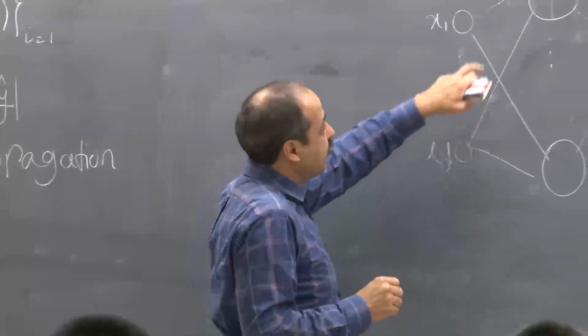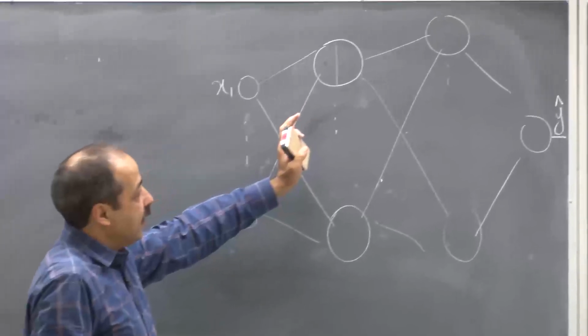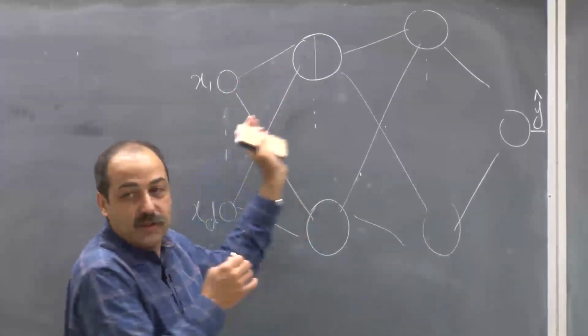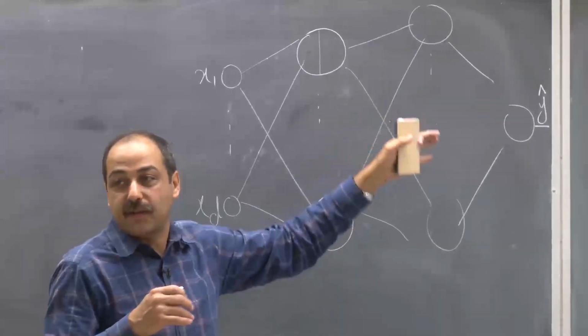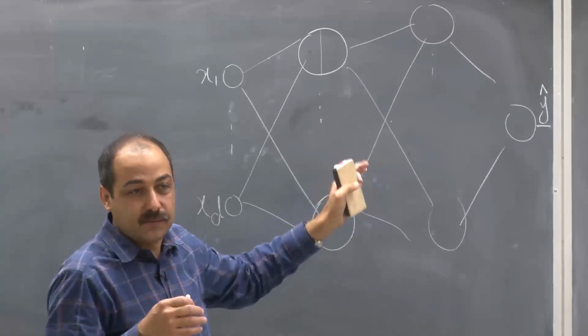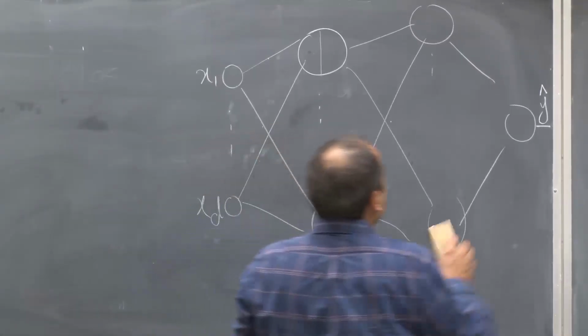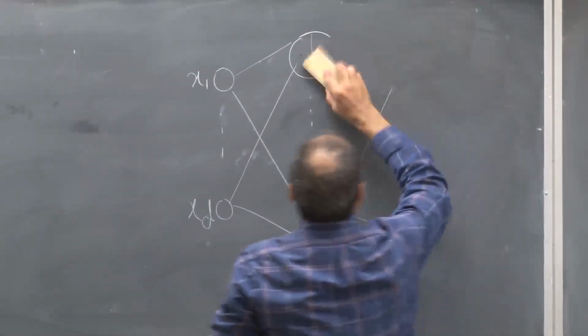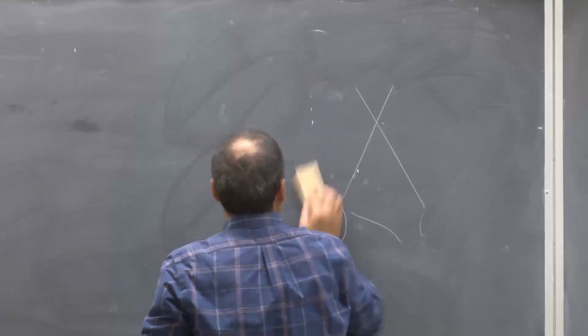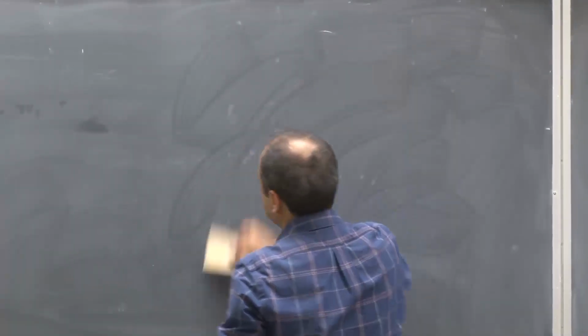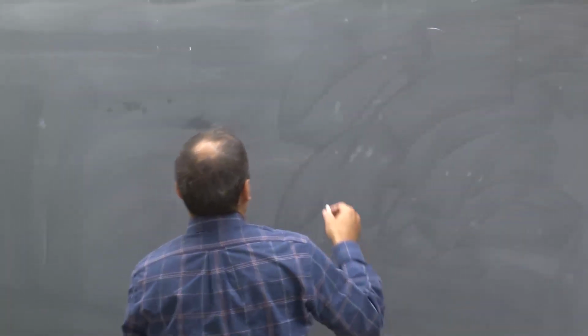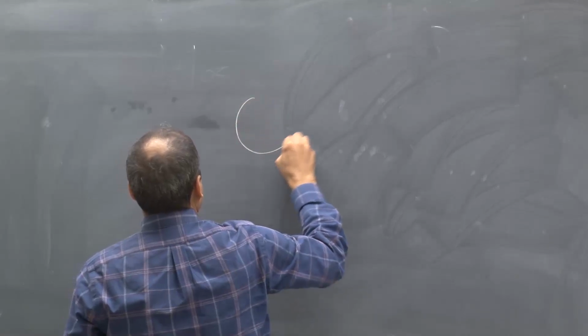So let me just consider a snapshot of this network, a part of layers and nodes, and then we'll see how we can compute this derivative.